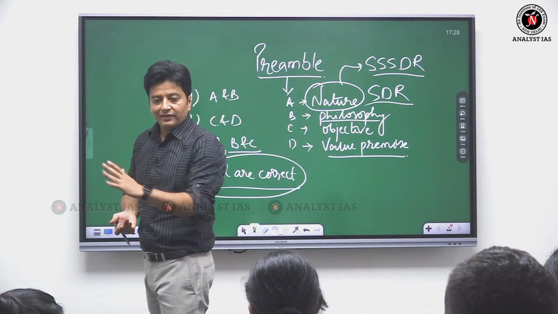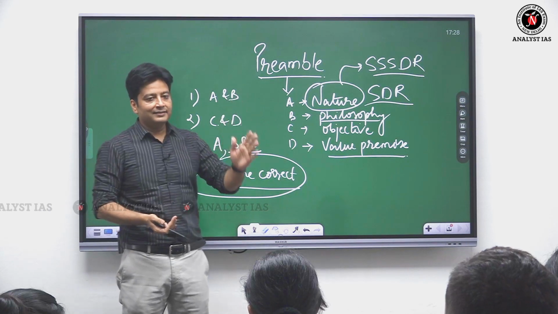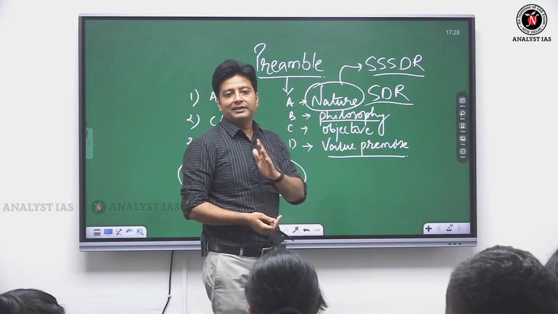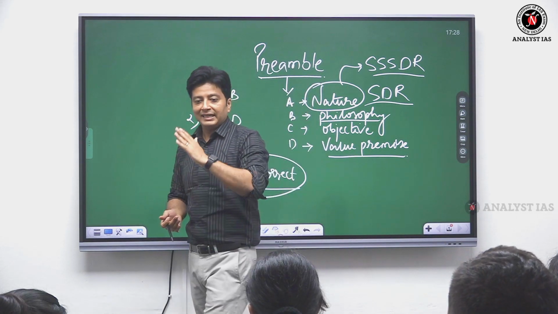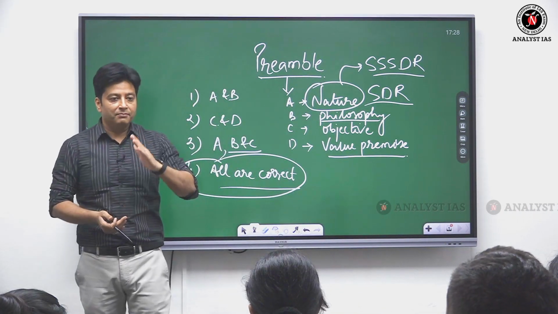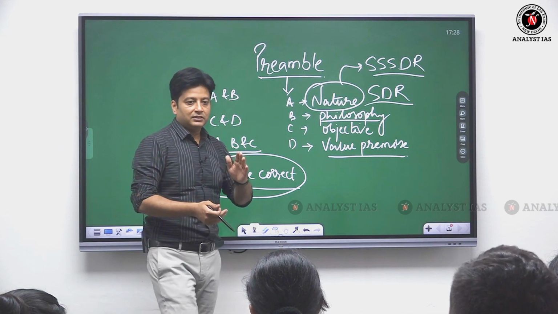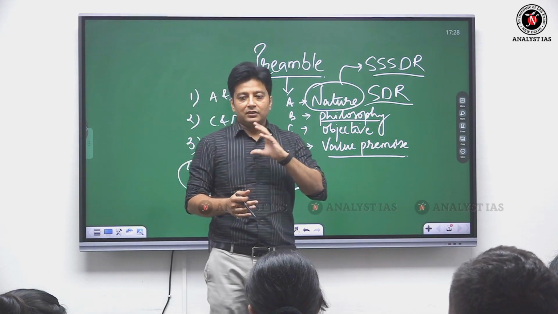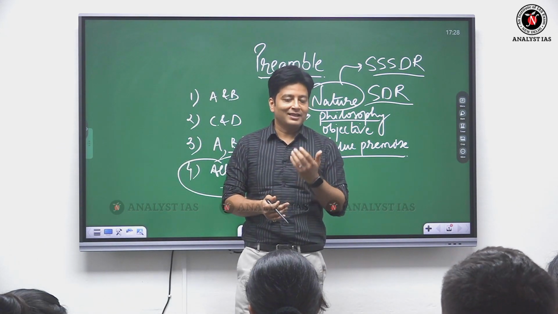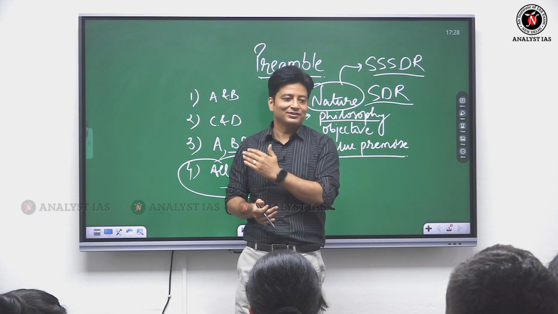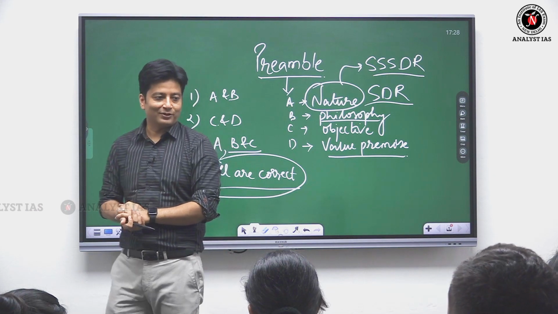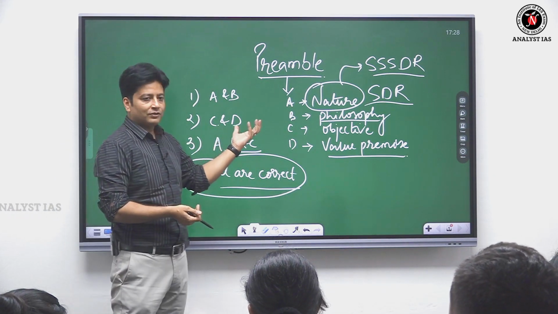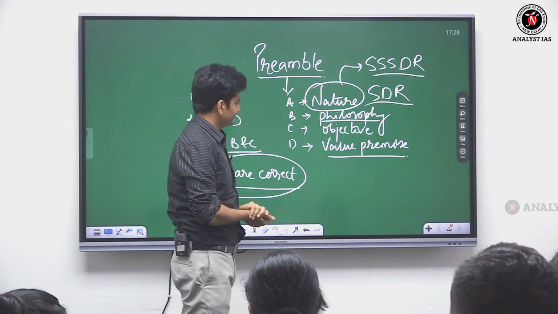So all these values, like triple SDR and justice, equality, liberty and fraternity that I talked about, are the main edifice, the main constituent, the pivot around which every constitutional article and provision is revolving. This is one of the cores where the preamble is.